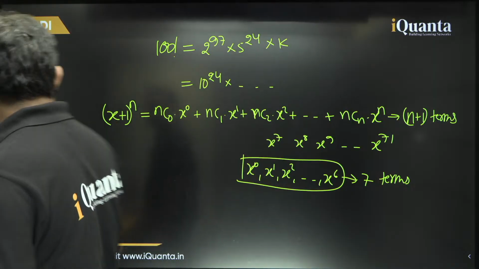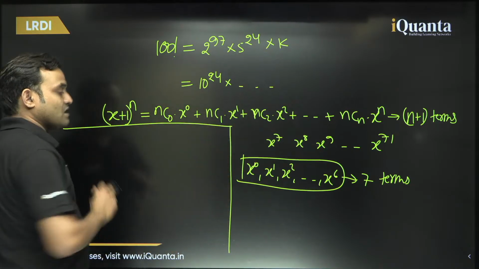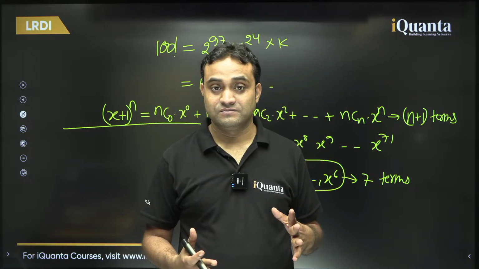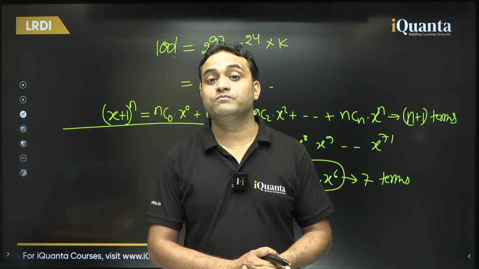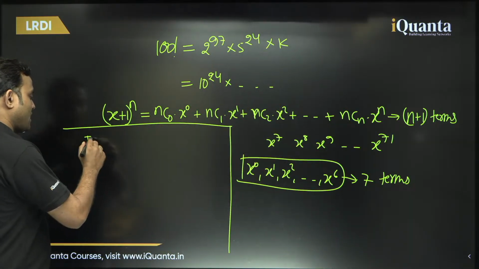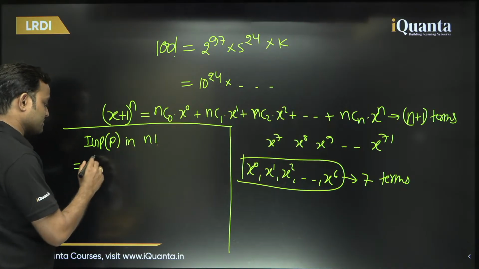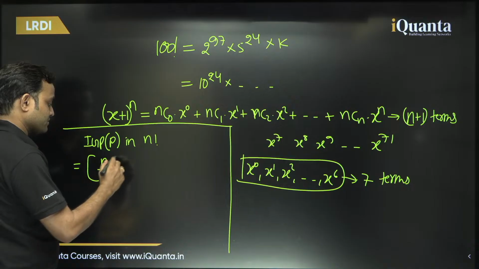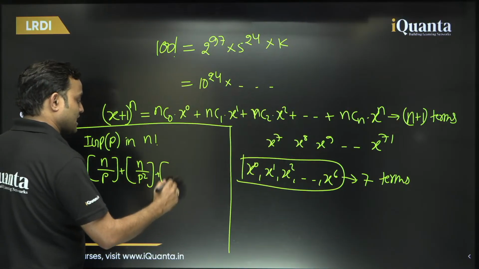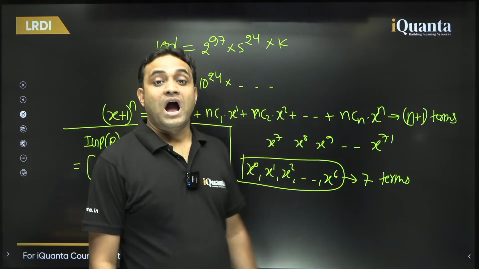Ayushman, 100 factorial. See, if you know how to find the index of the greatest power, meaning the highest power of any number that can divide a particular factorial: the index of a prime number p in n factorial can be written as n upon p plus n upon p square plus n upon p cube and so on, right? How do we get 10?